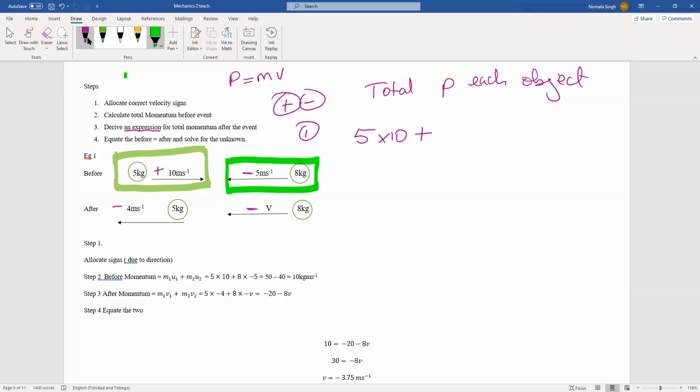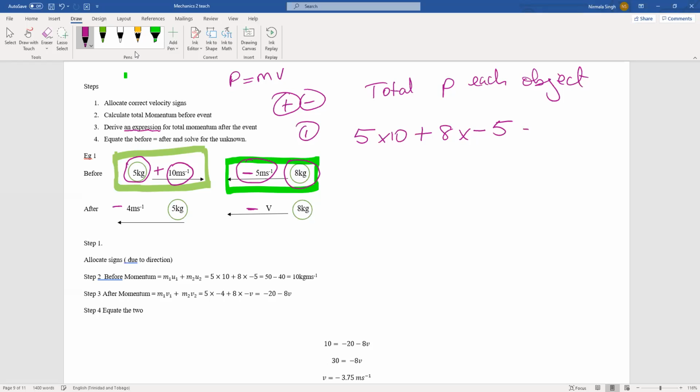Plus 8 times minus 5. Everybody okay with that? You get the momentum of each object, which is mass times velocity.